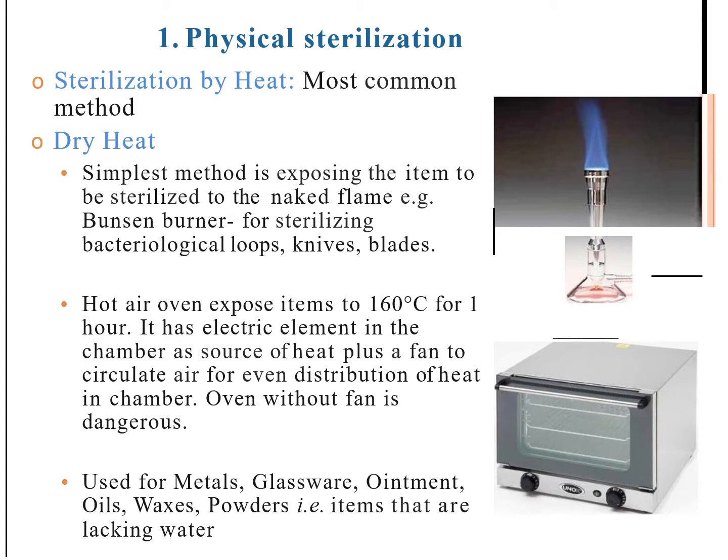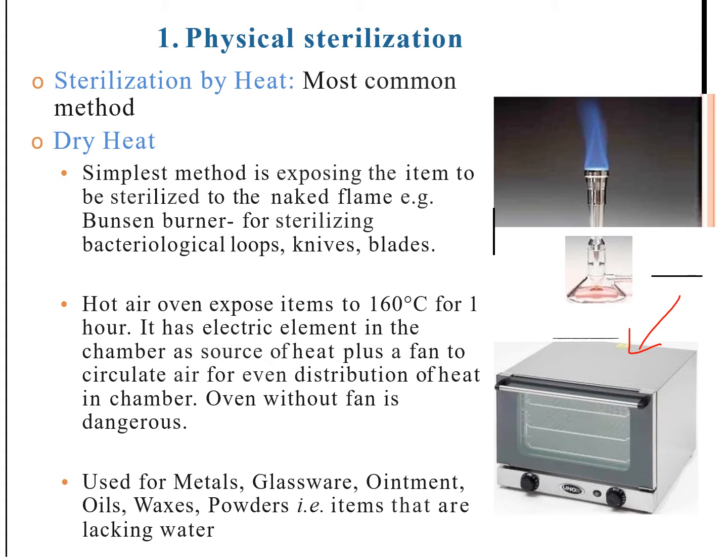In another type of dry heat sterilization, we use a hot air oven, in which items like pipettes, glass petri dishes, flasks or bottles are exposed to heat of 160 degrees Celsius for 1 hour. This hot air oven is an electrical equipment.